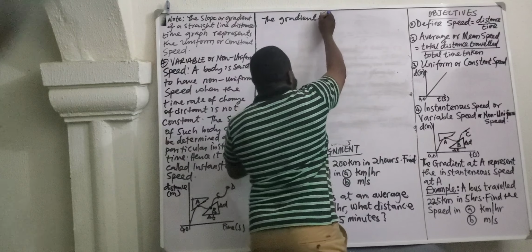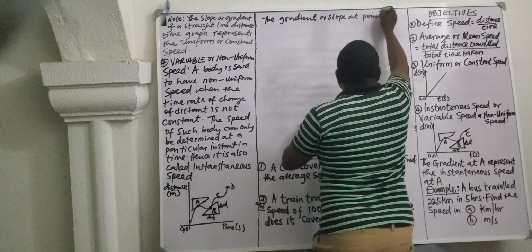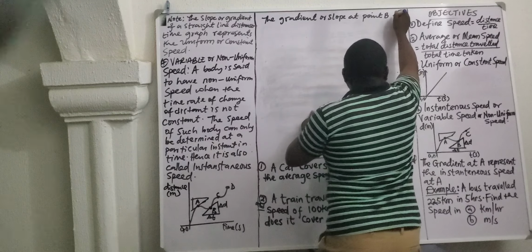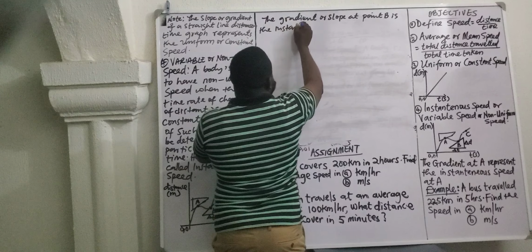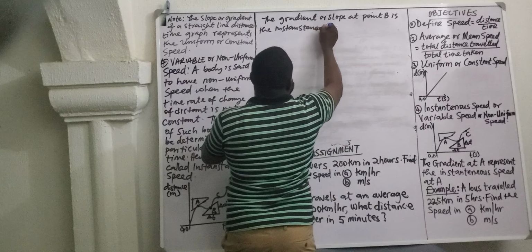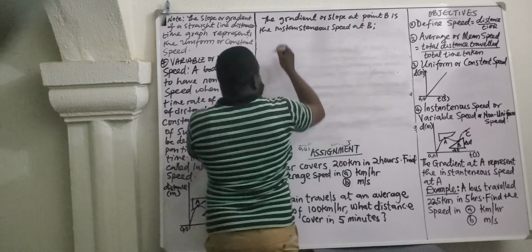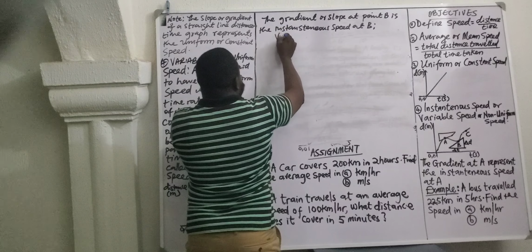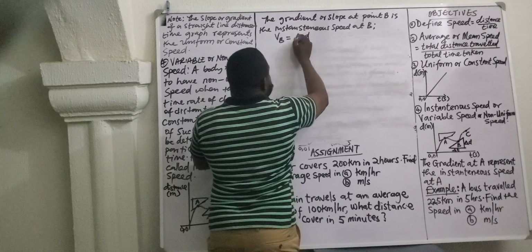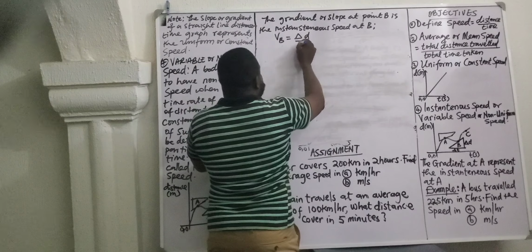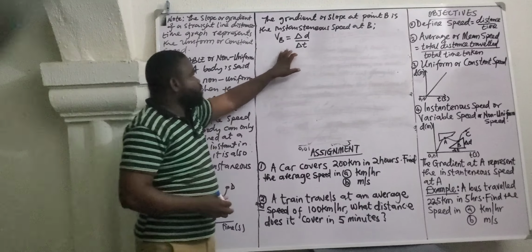So the gradient or slope at point B is the instantaneous speed at point B. And if I want to obtain it, I can call it VB is equal to the change of the distance at that point B over the change in time at that point B. So this gives me the what?